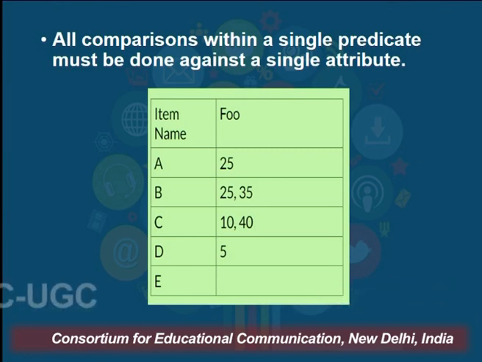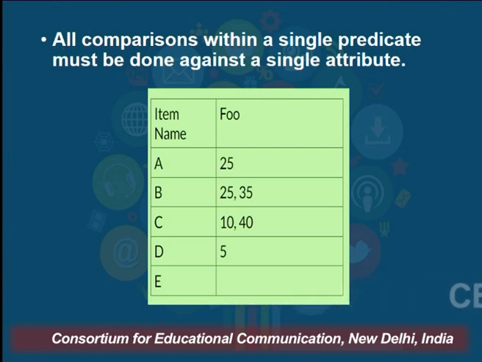The problem is, when we fire a particular SQL query and want to compare the value of foo, which I have told you is a random number, all comparisons within a single predicate must be done against a single attribute value. So, if we want to compare foo with a value, this comparison can be done against a single attribute.